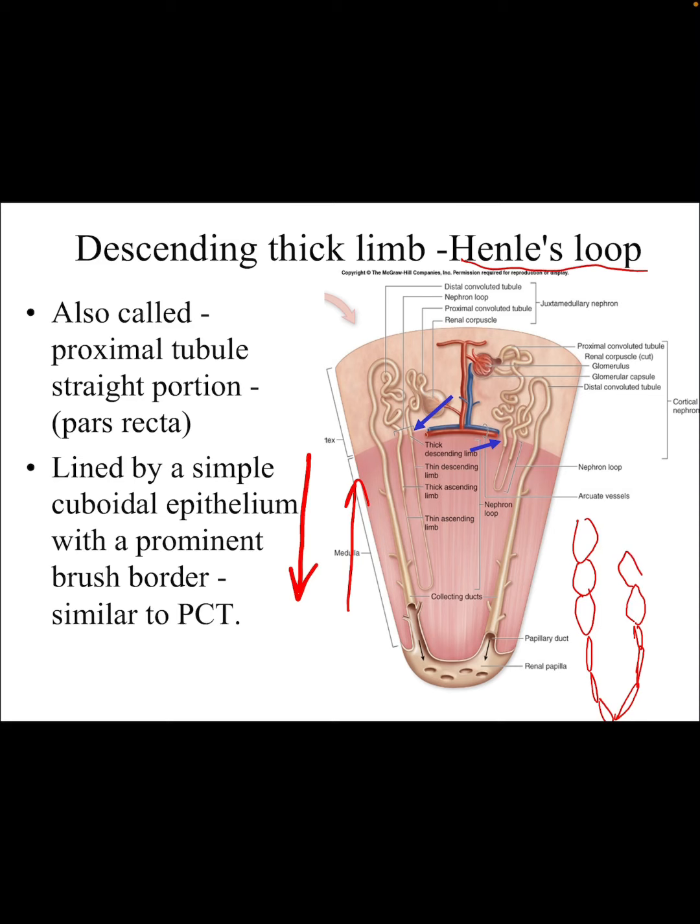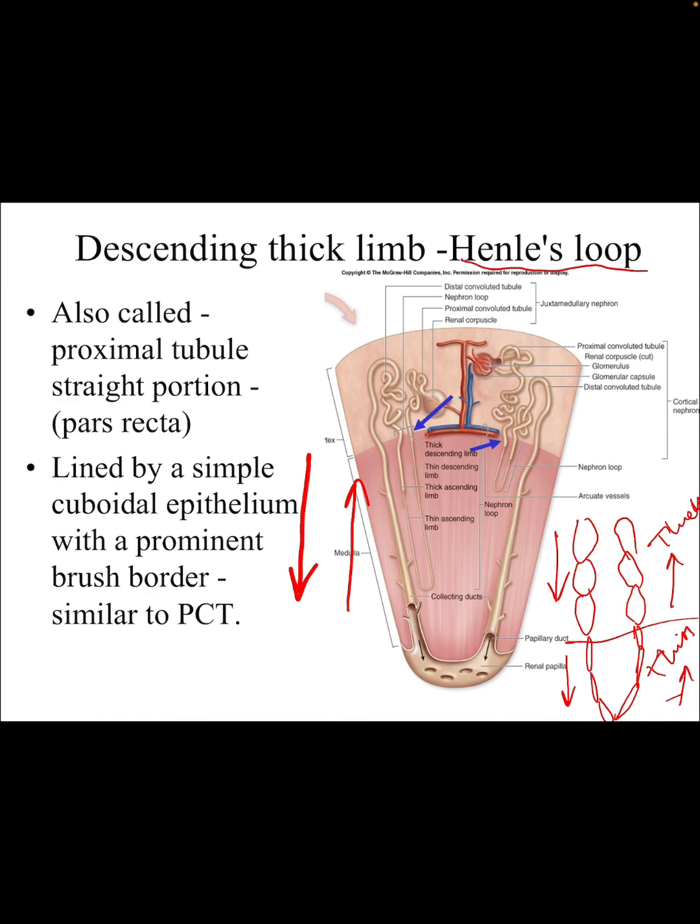Then again, simple cuboidal epithelium. This portion here we call the thick portion, and here we call the thin portion. And we have descending thick portion, and descending thin portion, and we have the ascending thin portion, and the ascending thick portion.